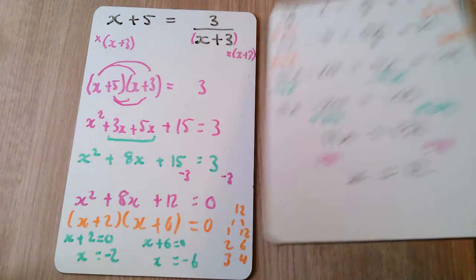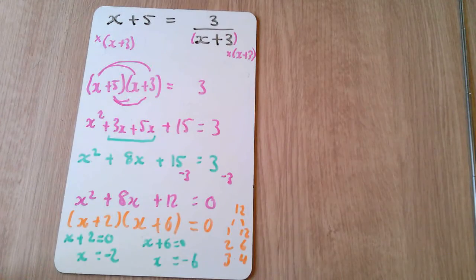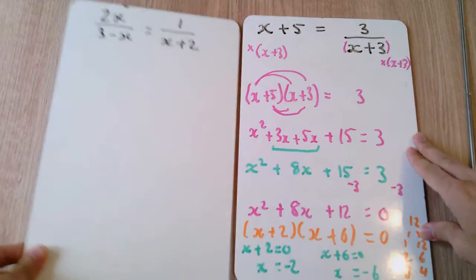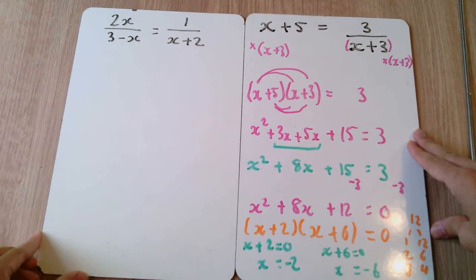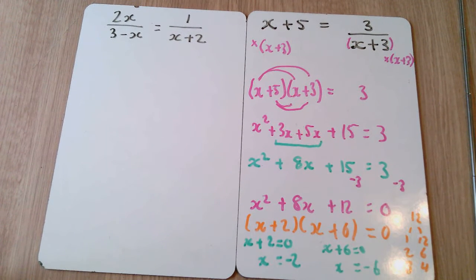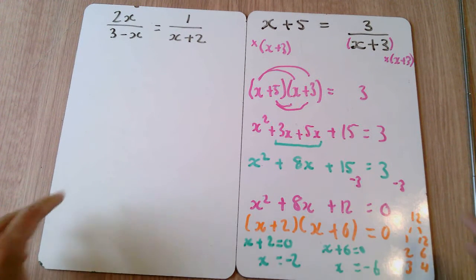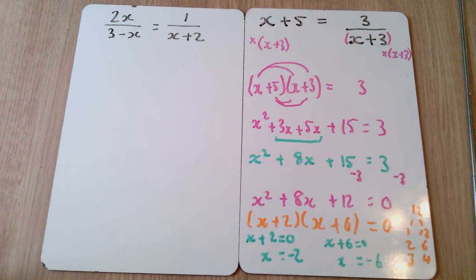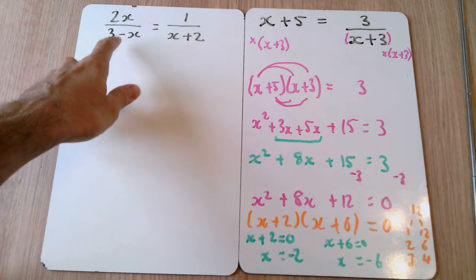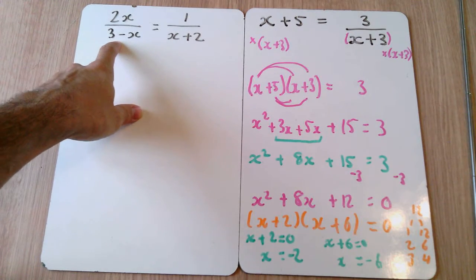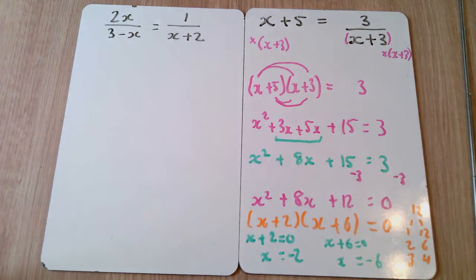So the first example we're going to look at is 2x over 3 minus x is equal to 1 over x plus 2. Now the first thing we notice here is we actually have 2 denominators. I've got a denominator on the left hand side of 3 minus x and the denominator on the right hand side of x plus 2.